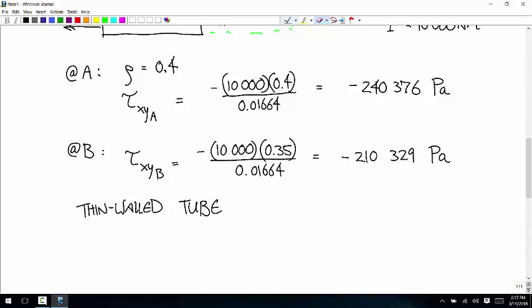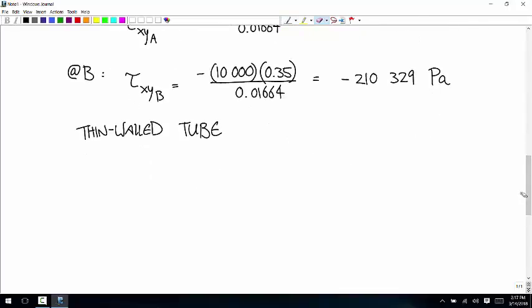Okay, so now we'll treat it as a thin-walled tube.